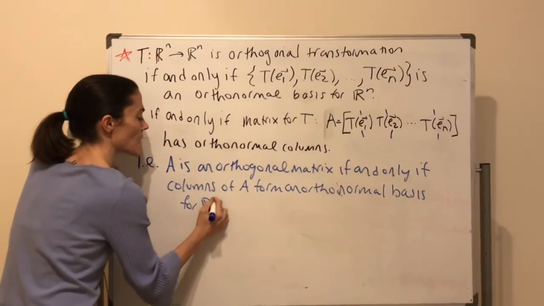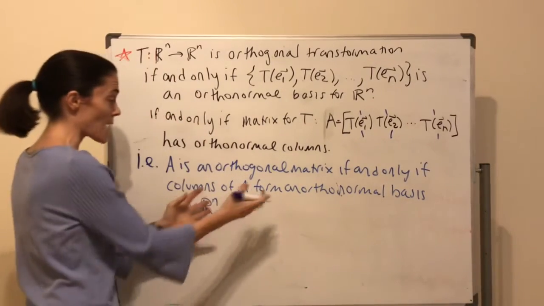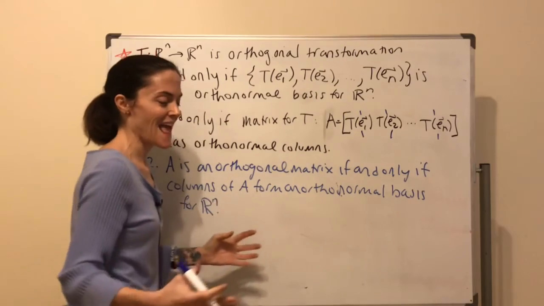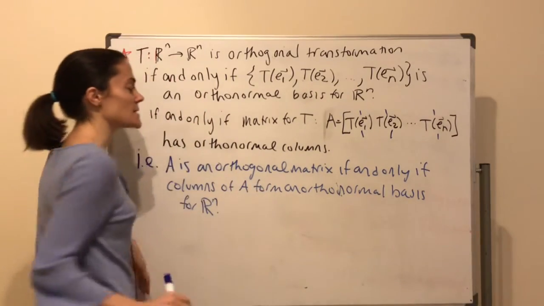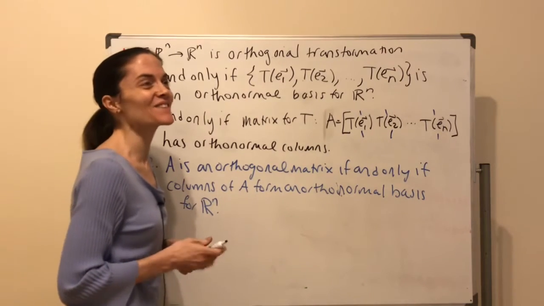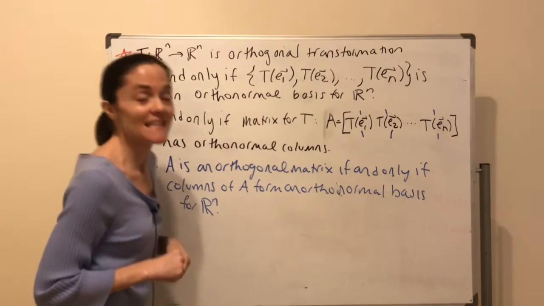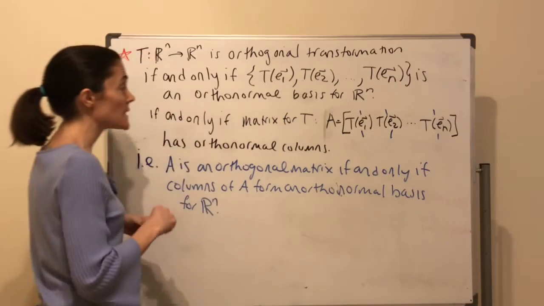And this is why I refer to this. I was working with A's that had orthonormal columns, n by n, and this means that the columns are an orthonormal basis for Rn, and I just said that that was orthogonal, and I said we'd come back and see it later.